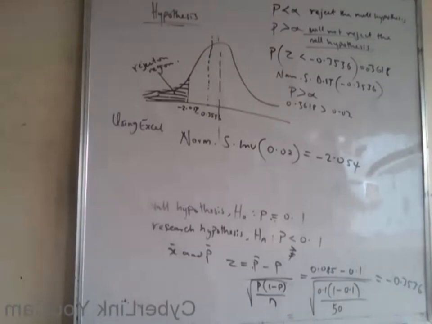Therefore, there is insufficient evidence that less than 10% of seniors consider dropping out of school. That is the third part, what failing to reject means.